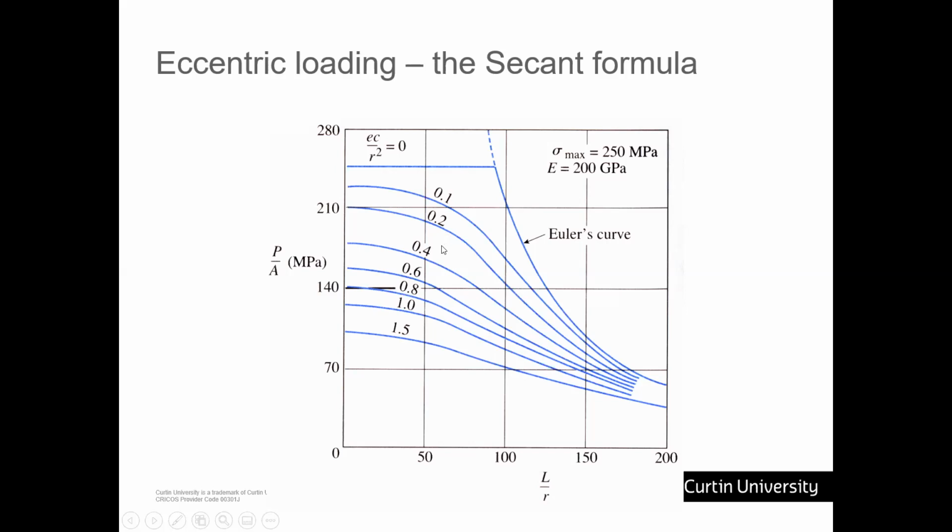It will not cover the whole intermediate range. But the secant formula will cover more than the Euler formula. You can see the stress variations with the eccentricity ratio here. If the eccentricity ratio equals 0, it will match the Euler equation. Definitely it should.